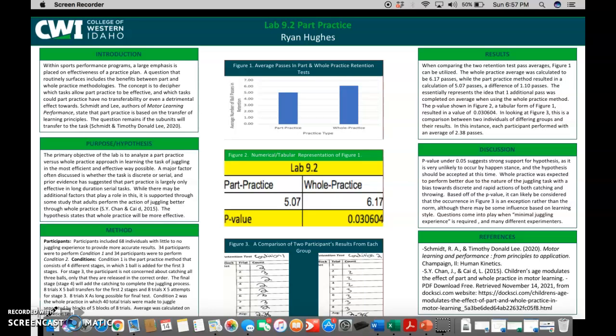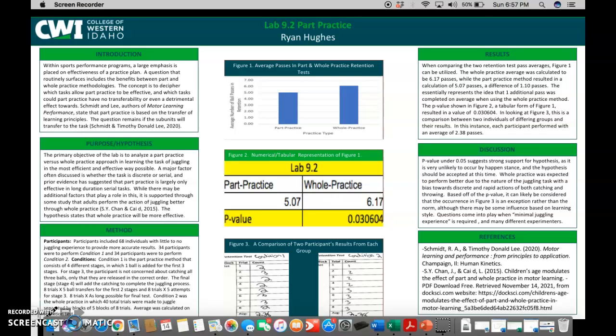Coming into the results here, we ultimately found that the whole practice group completed a 6.1 average of passes completed, and the part practice completed 5.07 passes.